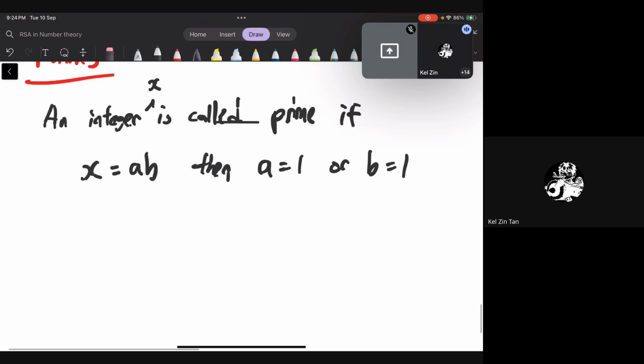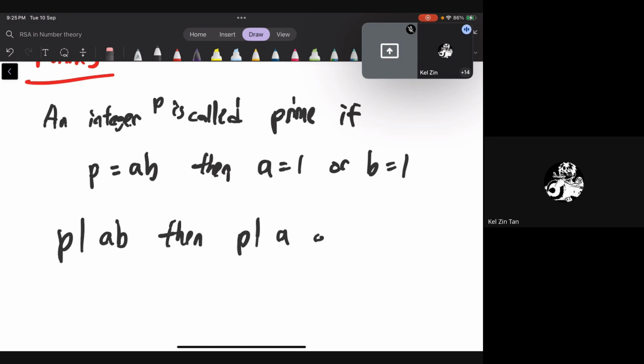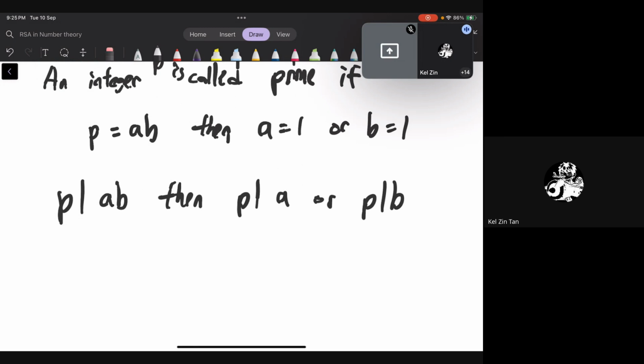You can also define it in another way. Let me write this as P, that's better. If P divides AB, then P divides A or P divides B. You can illustrate this with an example.